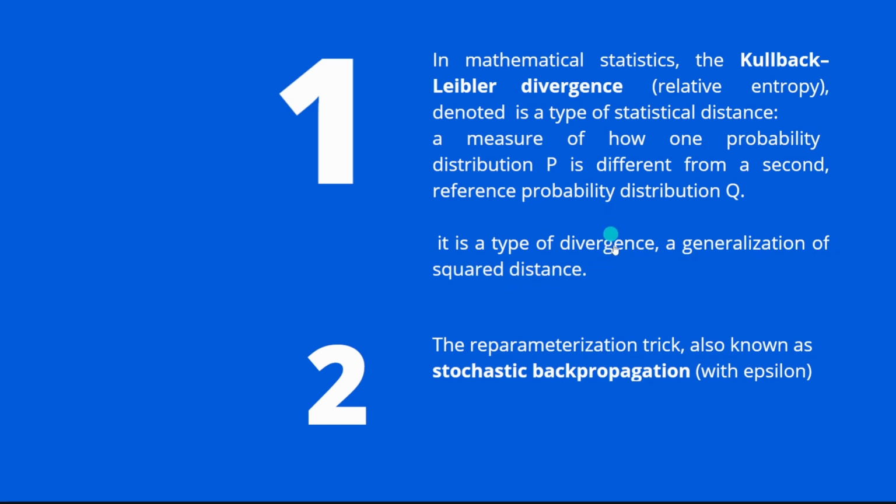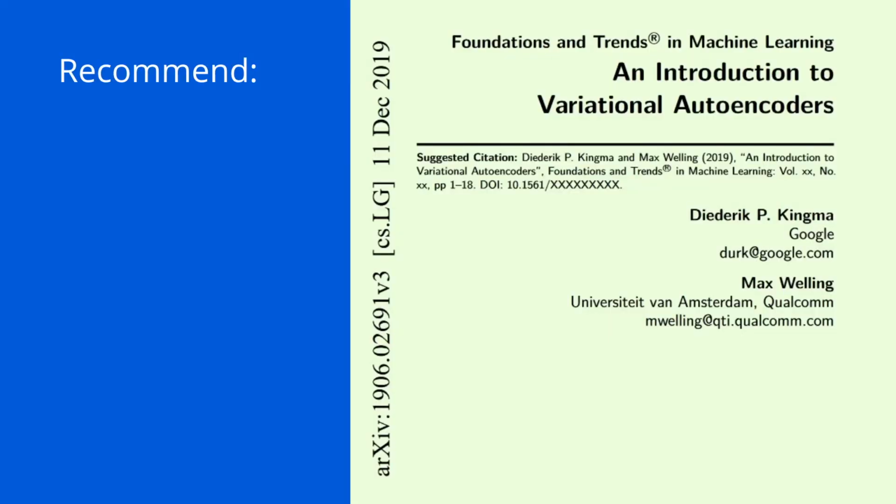And in mathematics, we call this, as a generalization, a type of divergence. That's the reason why we call this a divergence term in the loss function. And the second part, of course, is that we know that backpropagation needs now the stochastic backpropagation. We introduce an epsilon function, and there's a specific path for the epsilon function to be optimized. So these are the two terms you have to be familiar with if you do this.